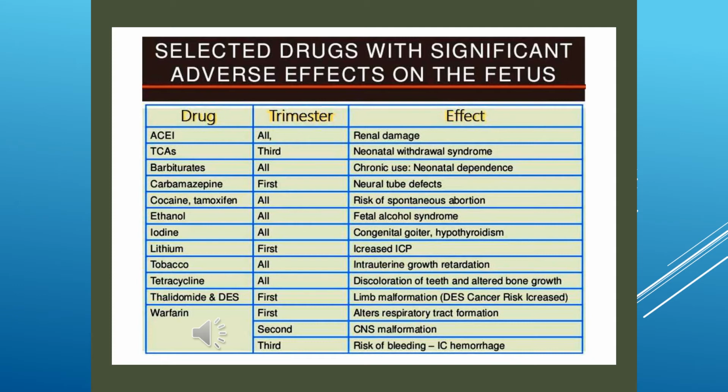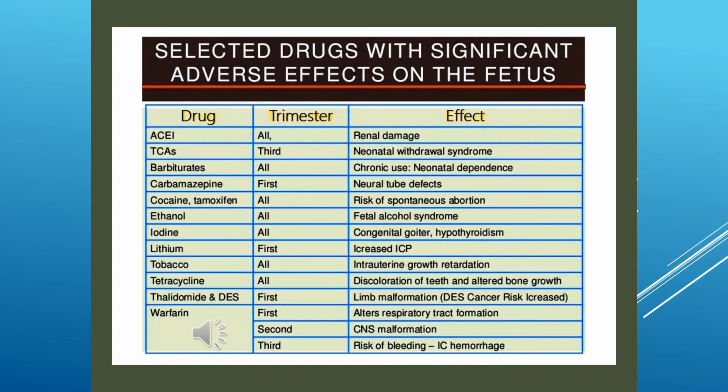Tetracycline is the antibiotic I mentioned earlier on, which will cause discoloration of teeth because it works on the calcium pathways, and that'll cause discoloration of teeth and altered bone growth in the neonate, in the fetus. We all know about the stories of thalidomide causing the limb malformations, which happened in the 60s and 70s, so we're aware of that.